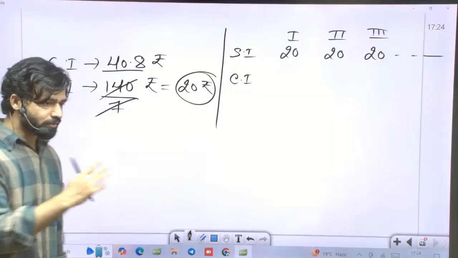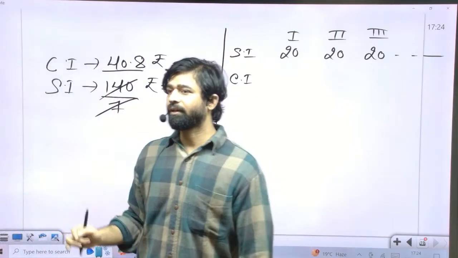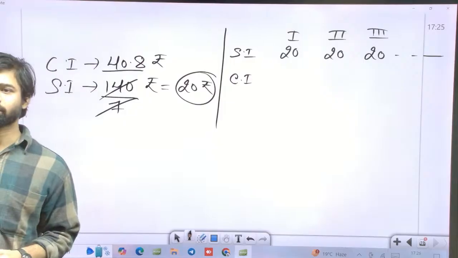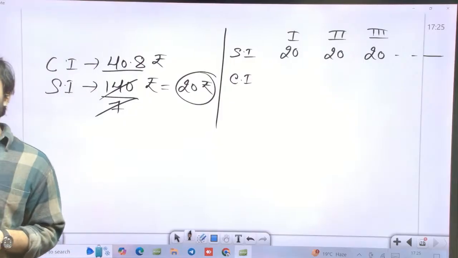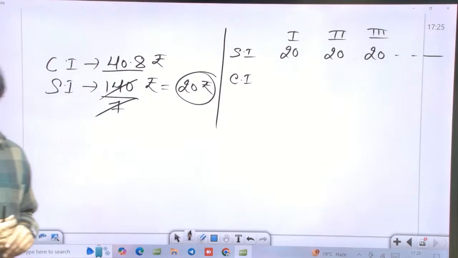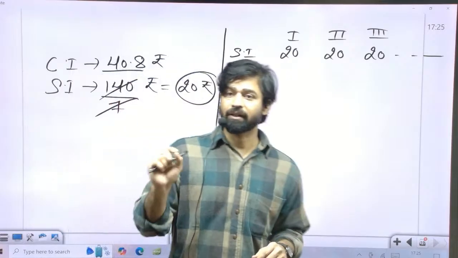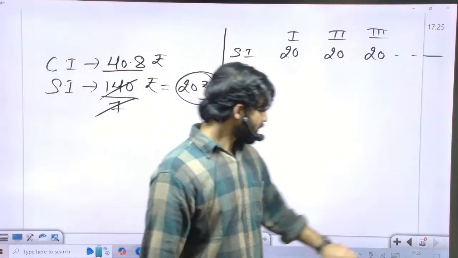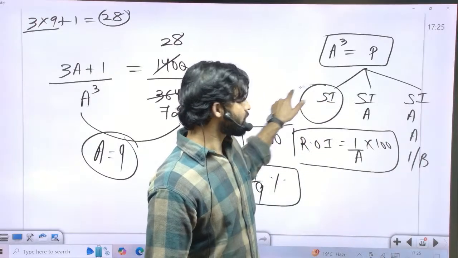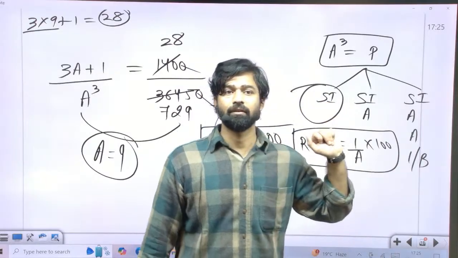First property we have applied: at a certain rate the SI will be charged equally each year. The second property is very simple: SI and CI for the first year are the same at a certain rate. Look, this is CI and this is also SI.